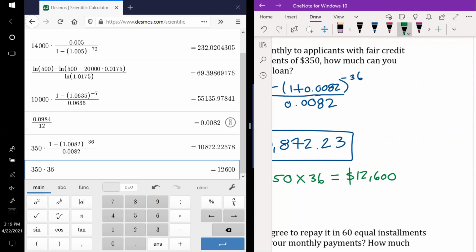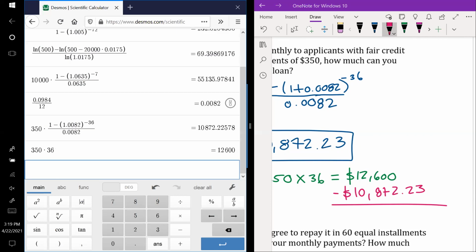What we're going to do now is subtract the loan amount, which is 10,872.23. And this is how much interest we're going to pay. 12,600, oops. Minus 10,872.